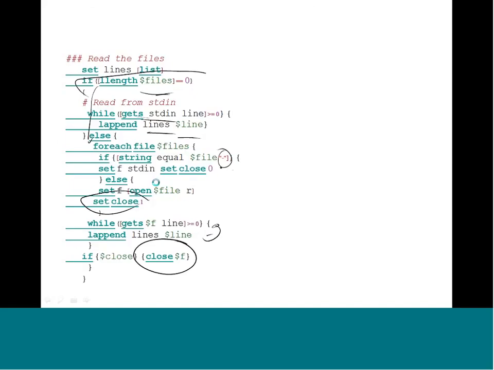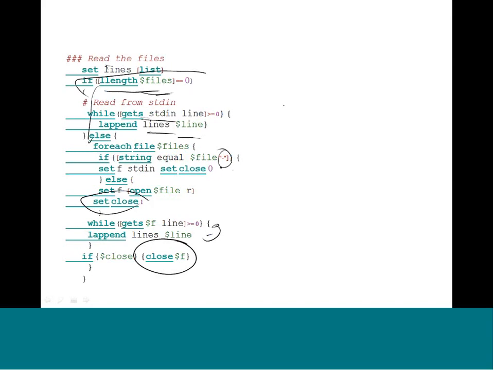Now once we know that, we need to read the lines from the files. So we start reading the files, and if the length of the files itself is equal to 0, then we read from standard in if we want.